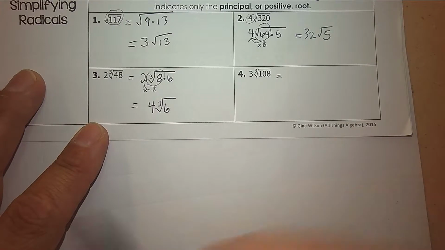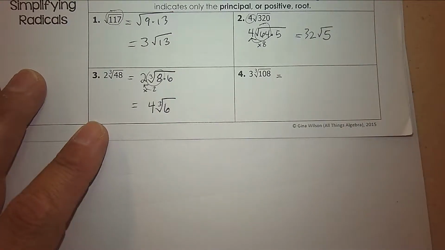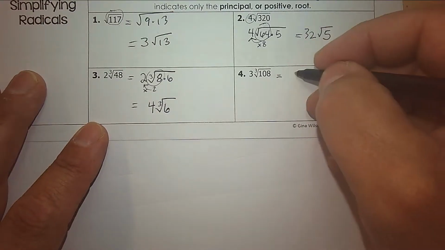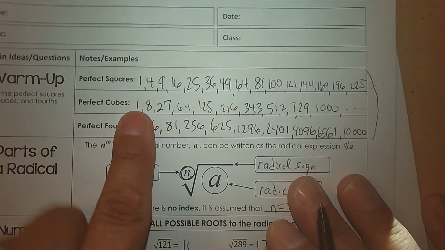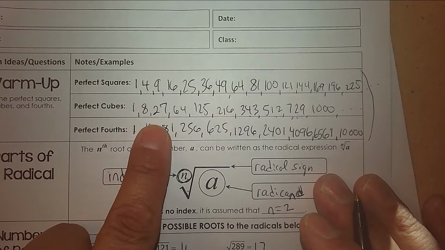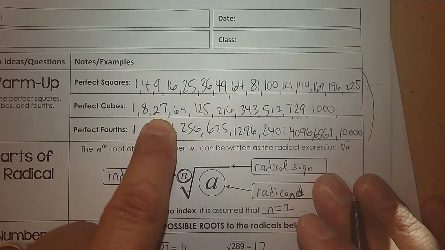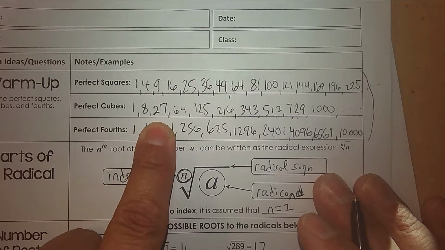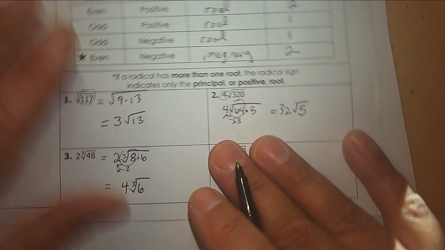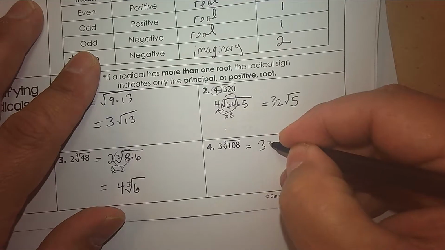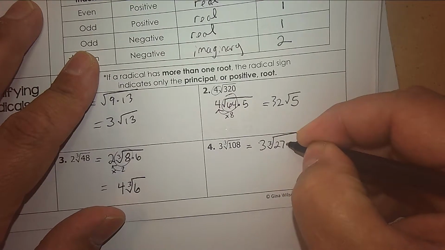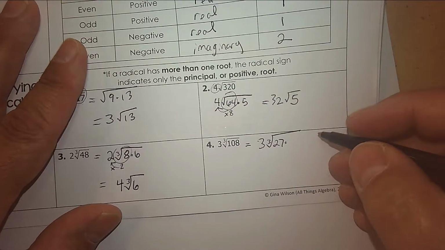Hey, what cube root goes into 108 evenly? So when I say that, you have to look at the cube roots and then decide which one is going to be the one. And it's 27. 27 times what is 108?